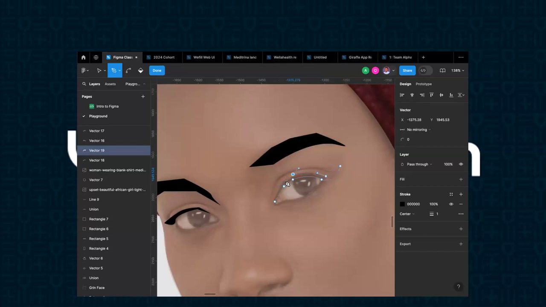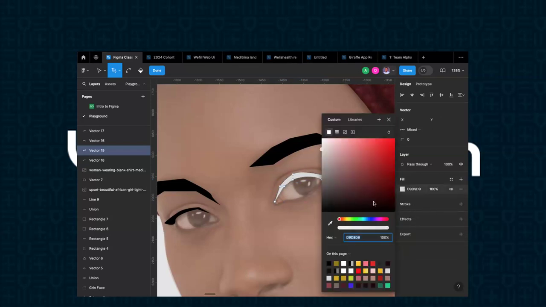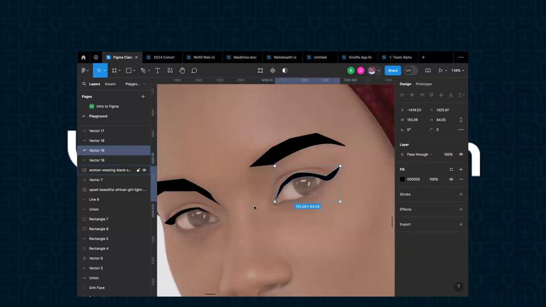Click and drag to make it curve. Click and click. Right, fill it up with the stroke. Make the color black. Okay, escape, escape. P to go back to the pen tool.